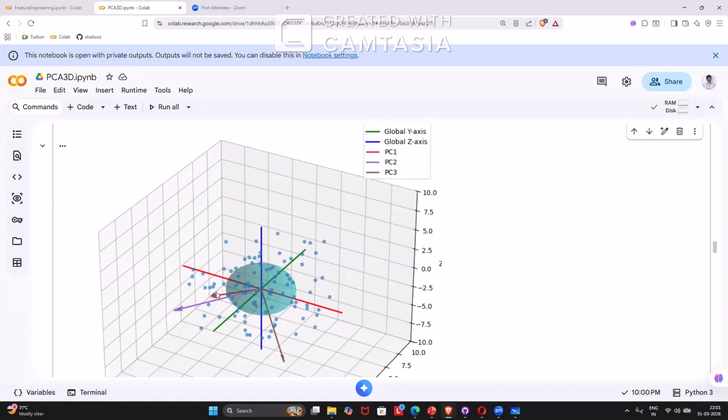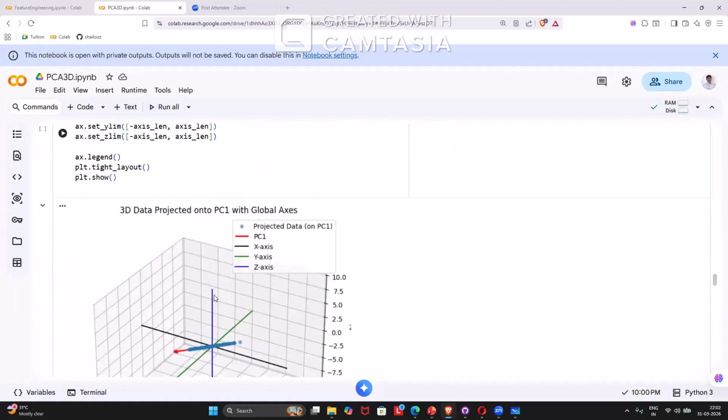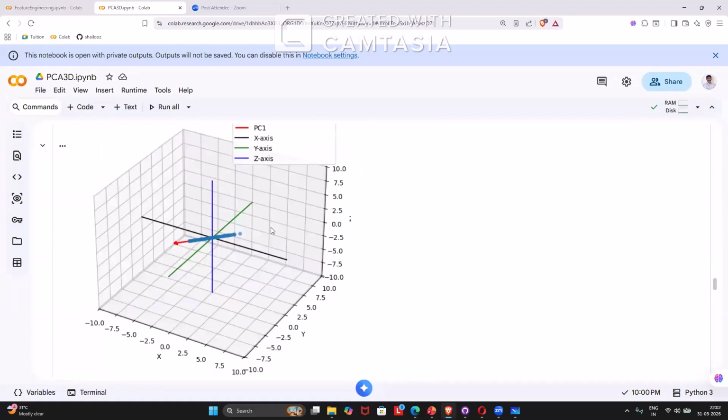Now, if you want to reduce this three-dimensional data into a single dimension, consider the first principal component axis only and project all data onto that line.